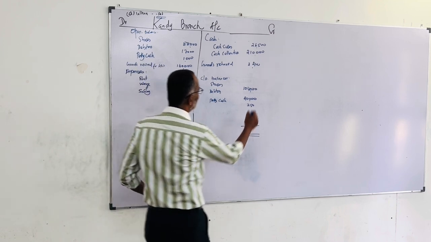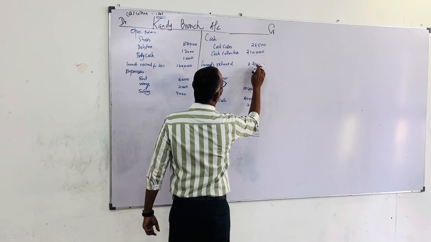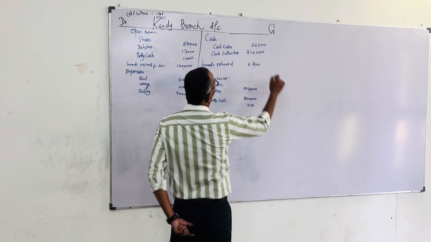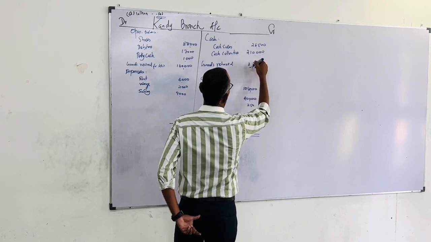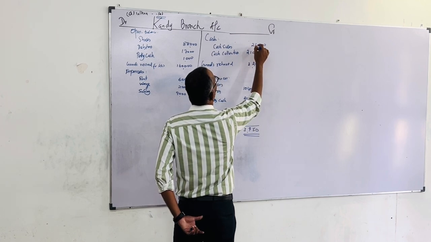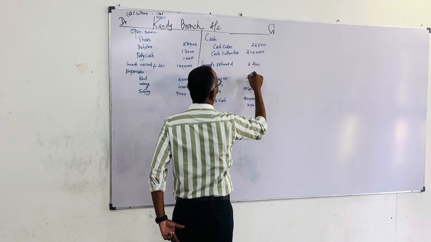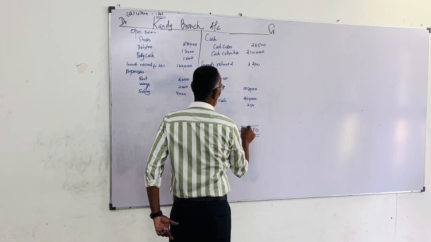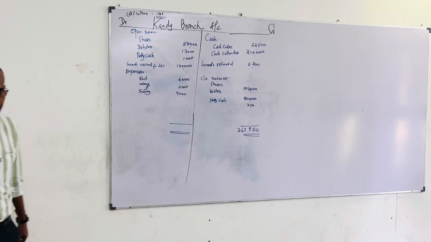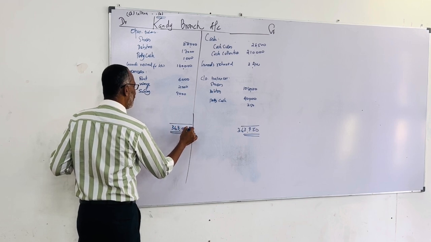Can you find out this figure? 3, 6, 3, 9, 5, 0.